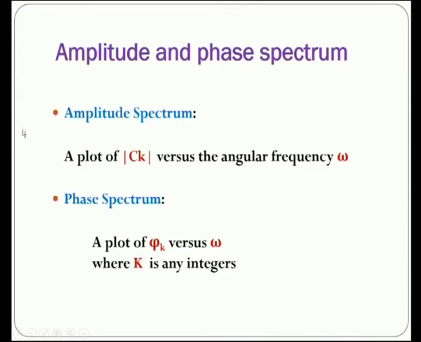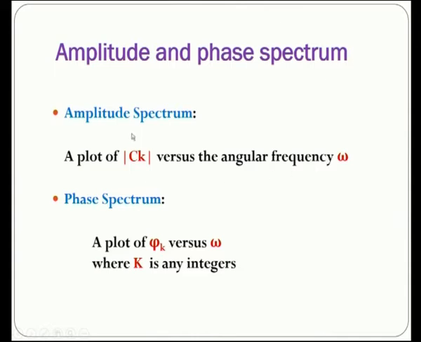If you want to obtain the spectrum response with respect to amplitude and phase, then you can get the amplitude spectrum. To plot the amplitude spectrum, we have to calculate the absolute value of Ck, then plot it with respect to the angular frequency.